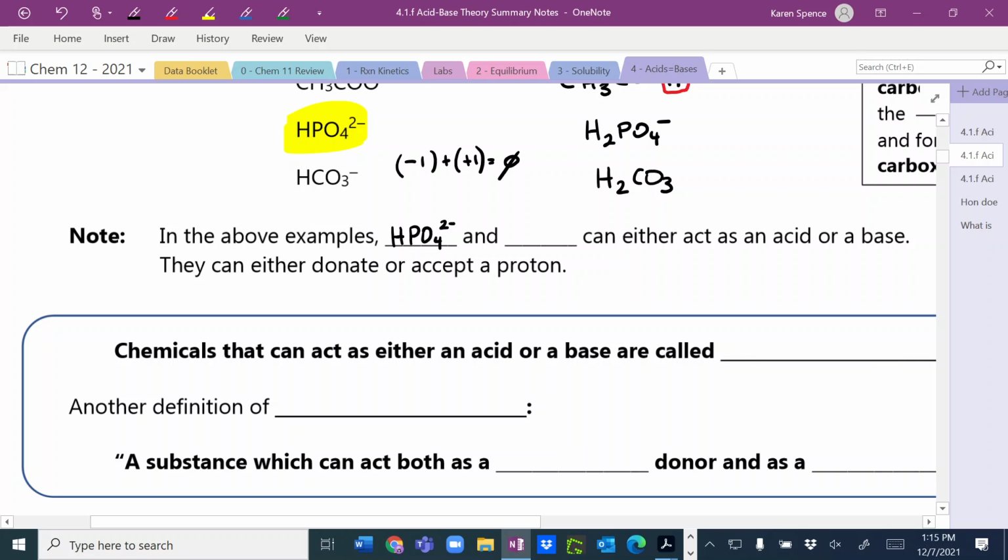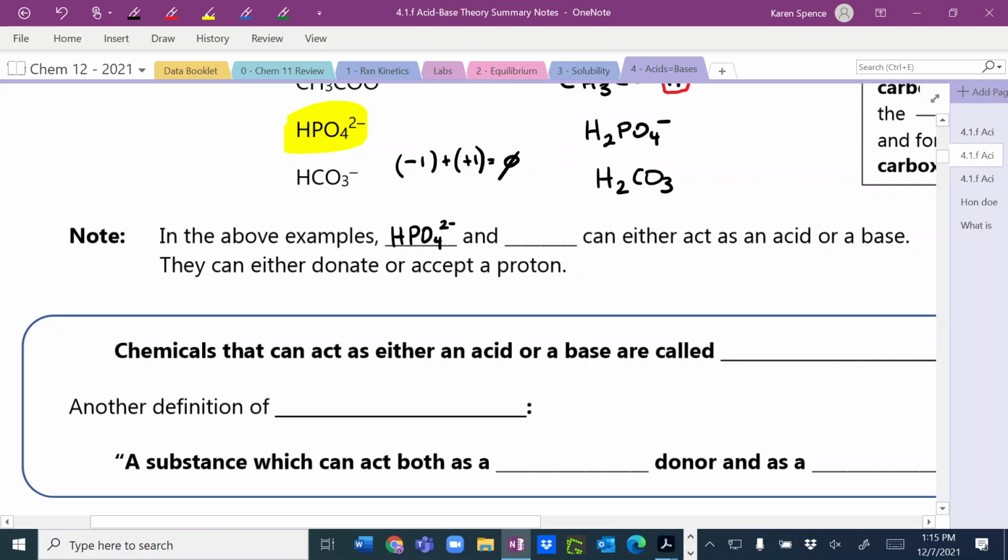Where else have you heard the prefix amphi? Amphibians. And where do amphibians live? Land and water both. So amphi means both. If you didn't appreciate the picture of the little frog, go back and appreciate it, because about 5 years ago, I spent a lot of time looking for the perfect image of a frog to make it memorable.